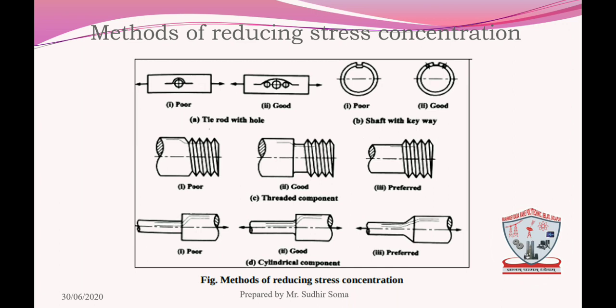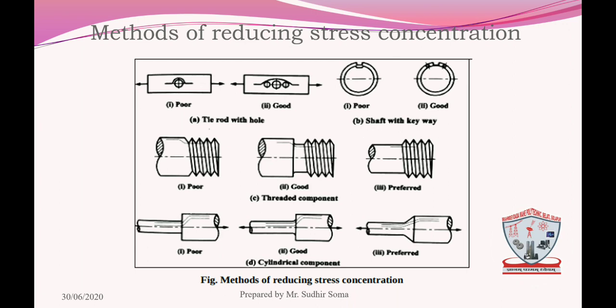In that, some of the methods are additional notches and holes in tension members, that is, use of multiple notches, drilling additional holes, and removing roughness. Next, avoiding sharp corners by providing a fillet radius at sharp corners, and undercutting a notch for a member in bending.